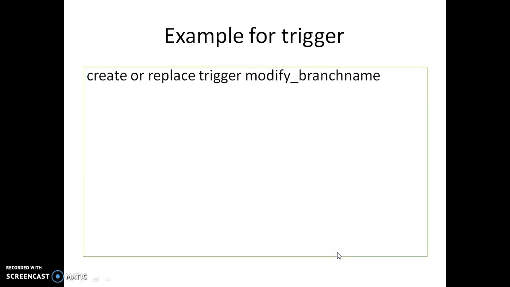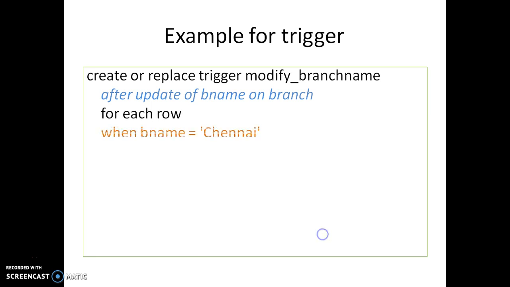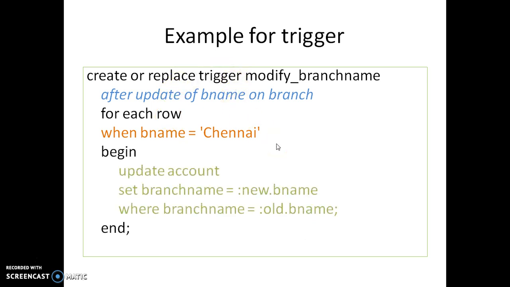This is an example for a trigger. Let us say we have two tables. One is called the branch table. The other one is called the account table. Now I am going to create a trigger so that whenever we update the branch name in the branch table, we update the account table with the same branch name.